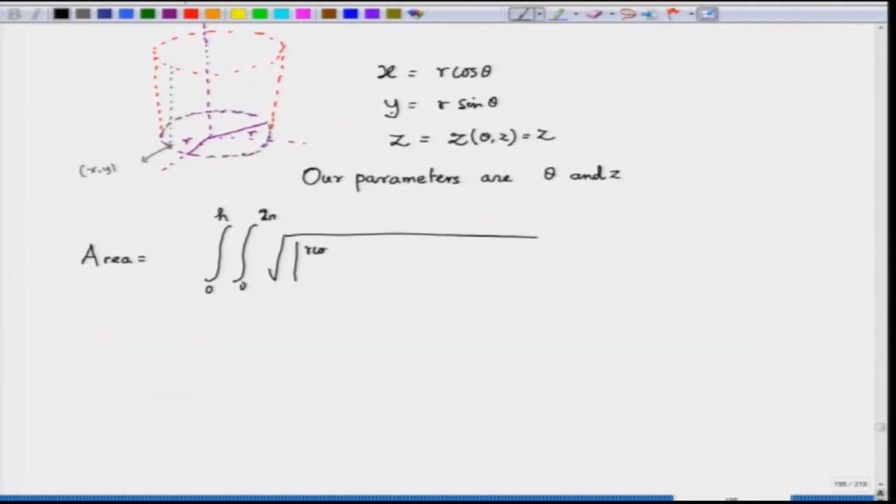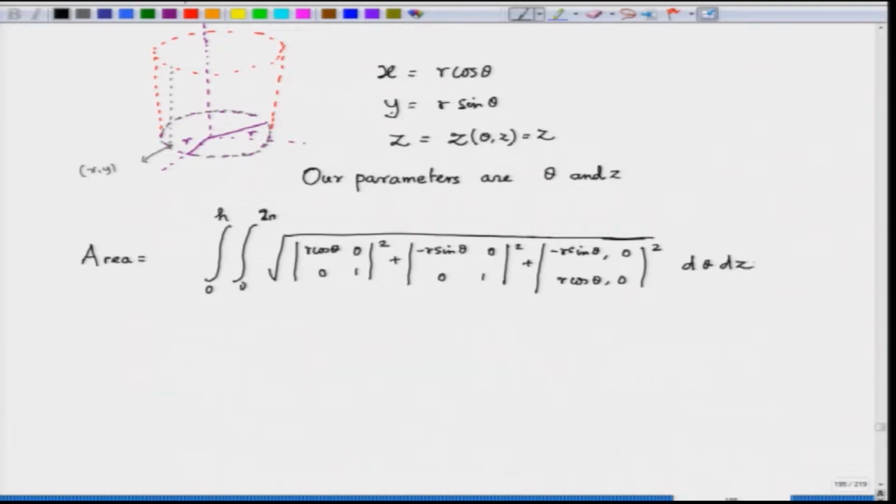The determinant would be r cos theta, 0, minus r sin theta (you are taking the derivative of cos here), 0, 0, 1, whole square, plus minus r sin theta, 0, r cos theta, 0, whole square, into d theta dz, my parameters.